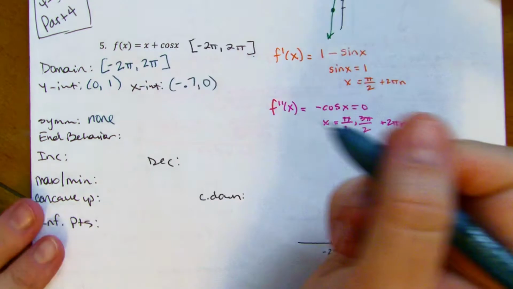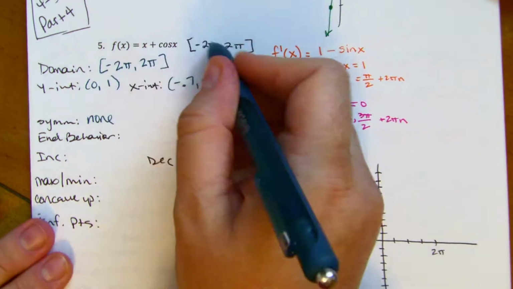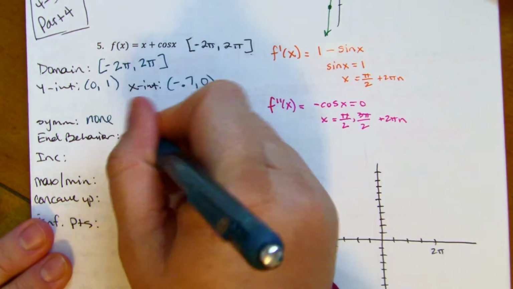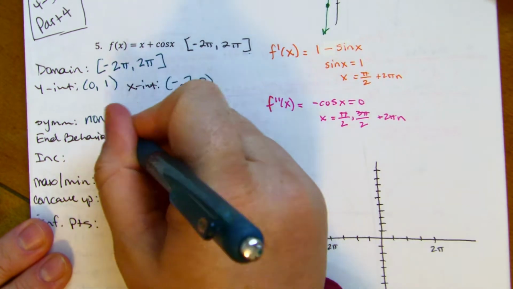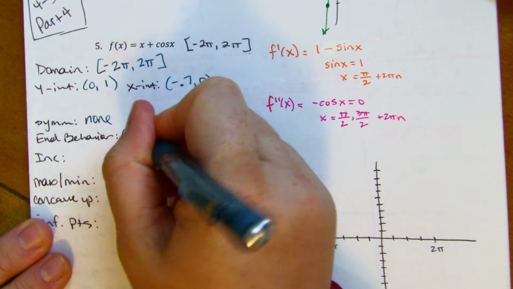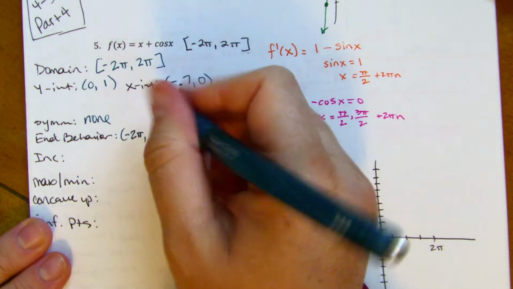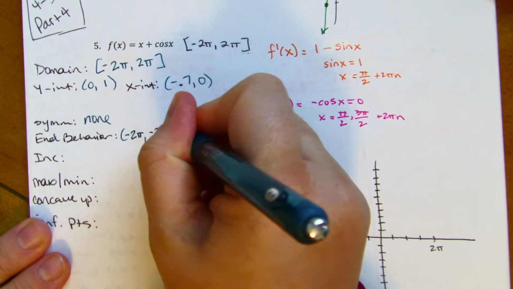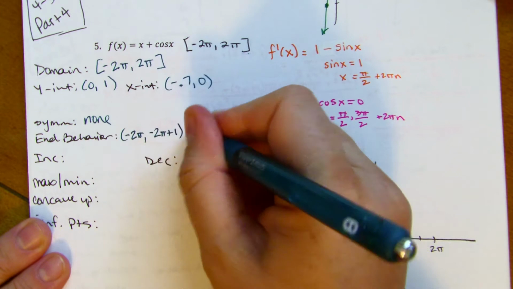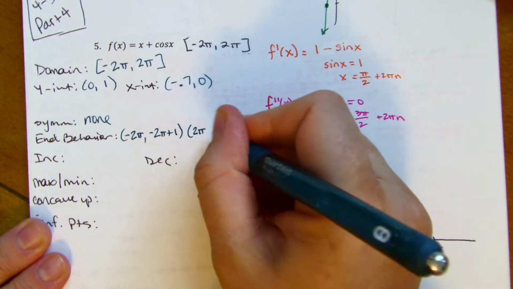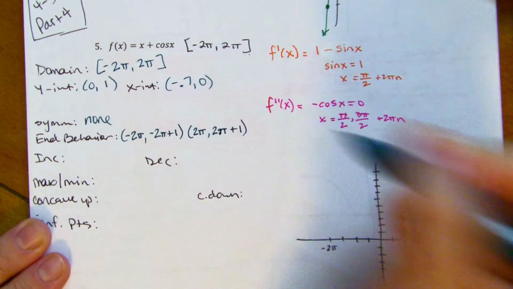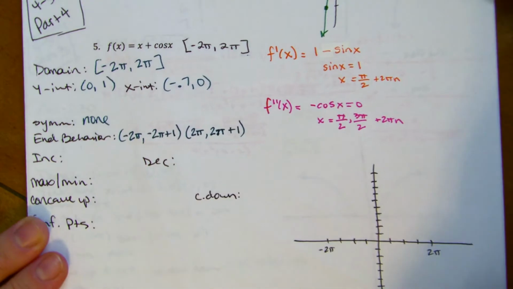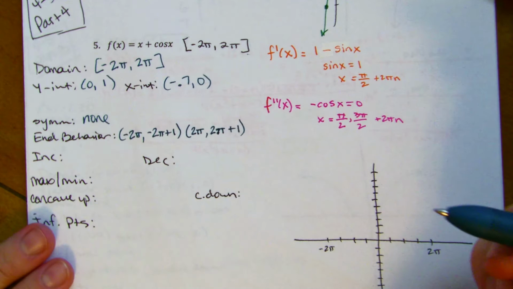So our end behavior is, if we write these as coordinates, negative 2 pi, and then that would give us negative 2 pi plus 1. And then plugging in positive 2 pi, we have positive 2 pi plus 1. Those are the coordinates where our graph ends.